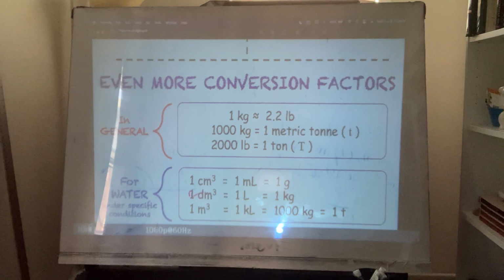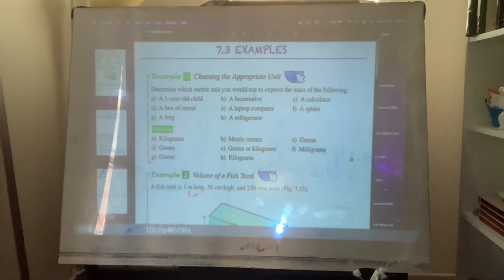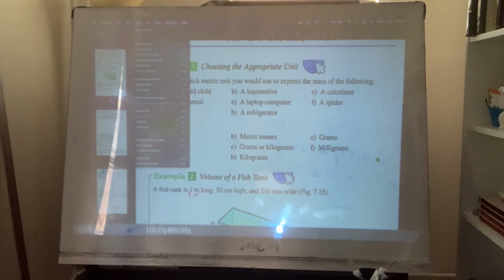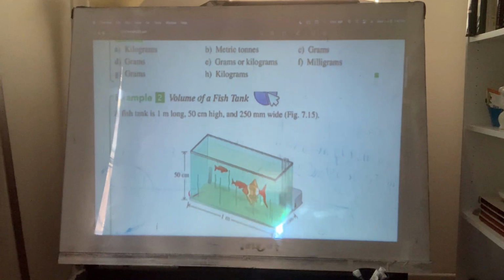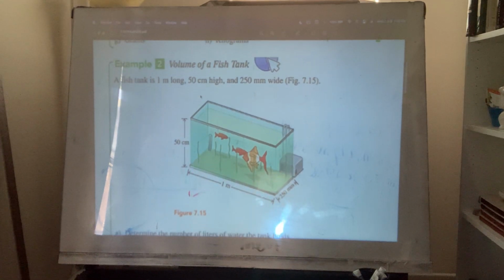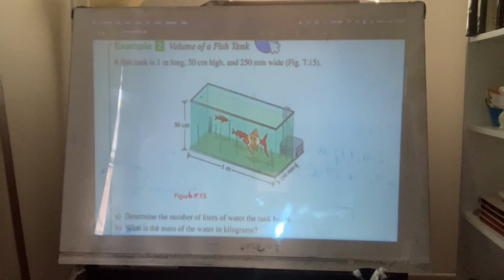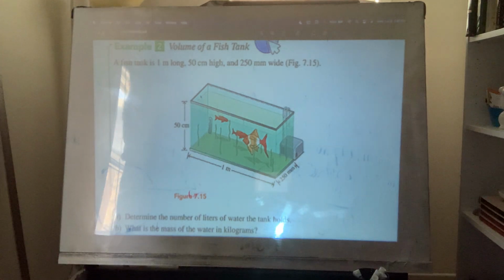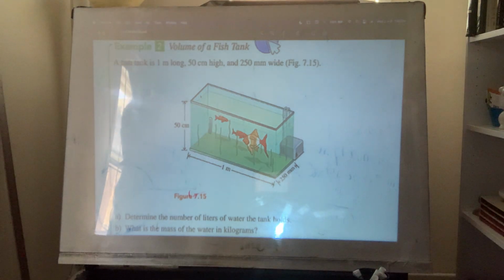Anyhow, let me pull this up and I'll try to stretch this a wee bit. Okay, that's a little bit better. Just zero in on the fish tank that you see here, and we'll discuss this. All right, everything that is pertinent is visible.